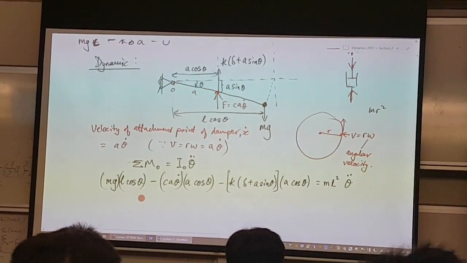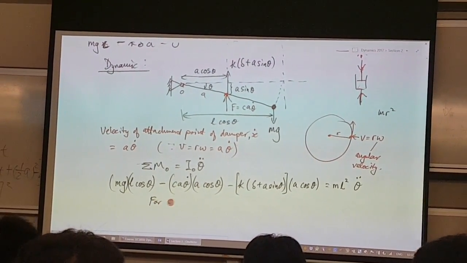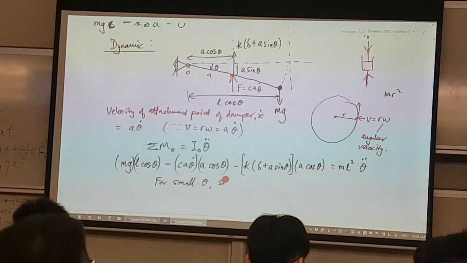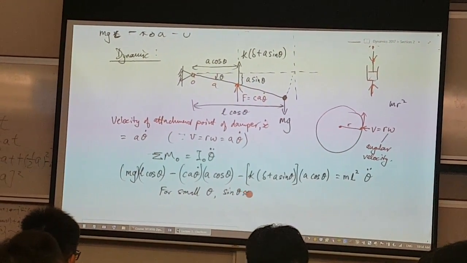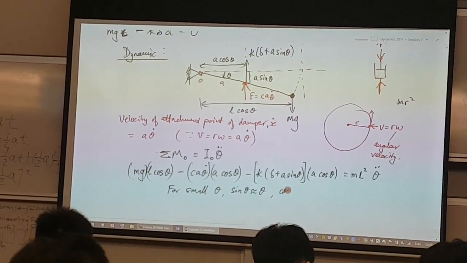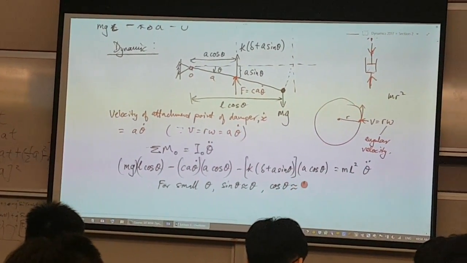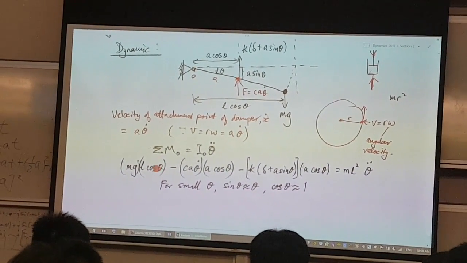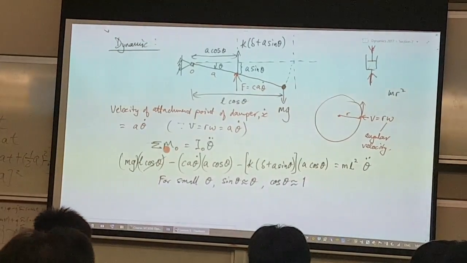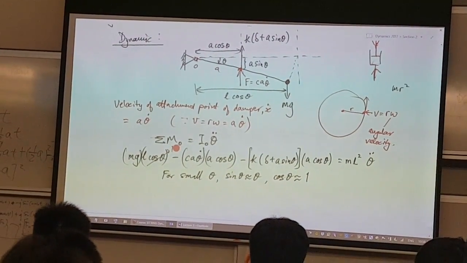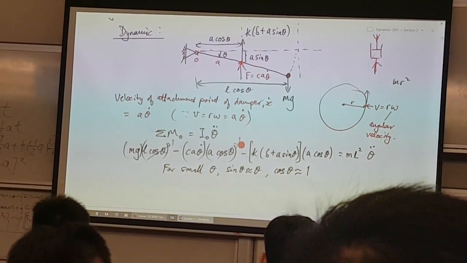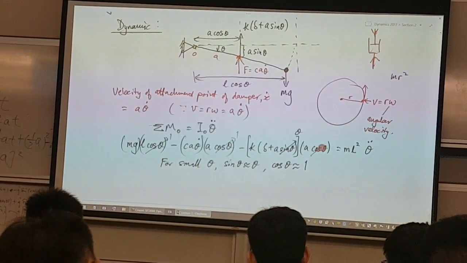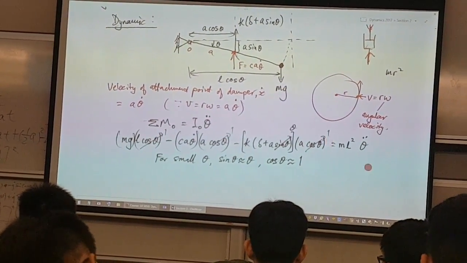The next thing to do is to assume a small angle theta, so sine theta is approximately equal to theta, and cosine theta is approximately equal to 1. So this cosine theta over here is approximately 1, and this one here is approximately 1.